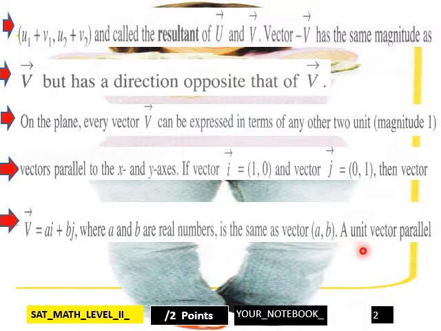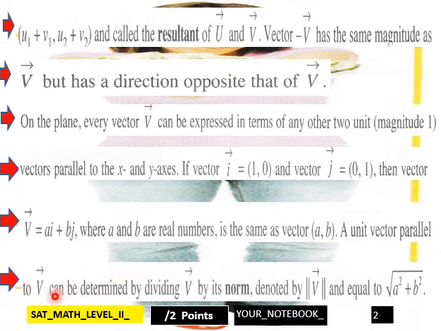A unit vector parallel to vector v can be determined by dividing vector v by its norm. Remember what norm was? Denoted by this symbol, two bars on each side of v, it is equal to the square root of a squared plus b squared.